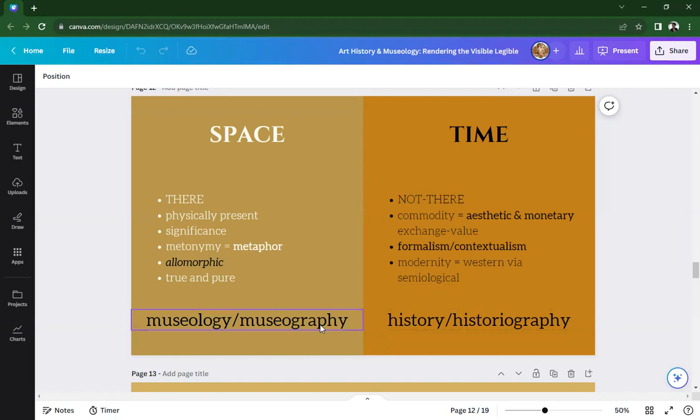So therefore, the object must speak for itself. That's why, if you notice, some of the descriptions in museums do not have long sentences, unlike in history and historiography, where you have to read 48 pages of essays and articles. Museums tend to use descriptions that are already visible to people.